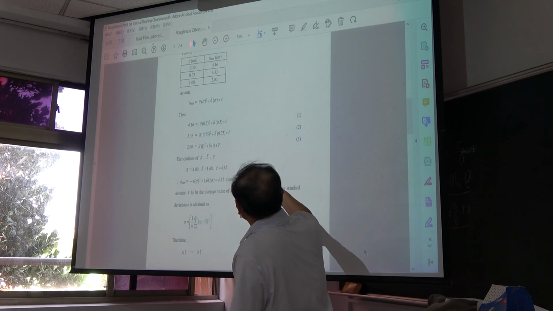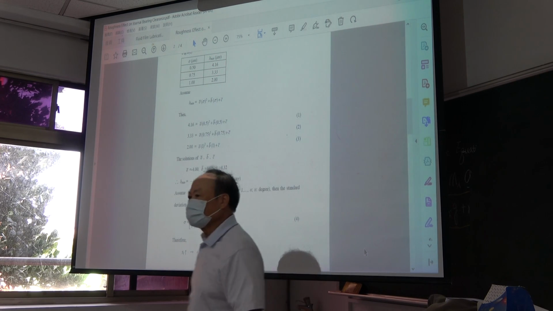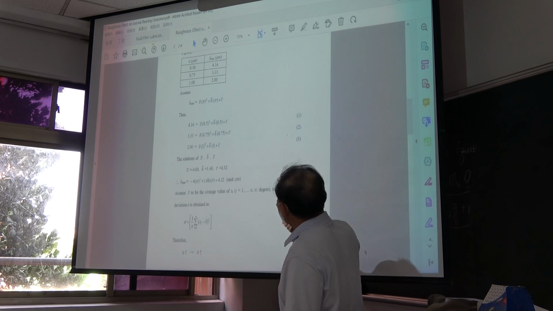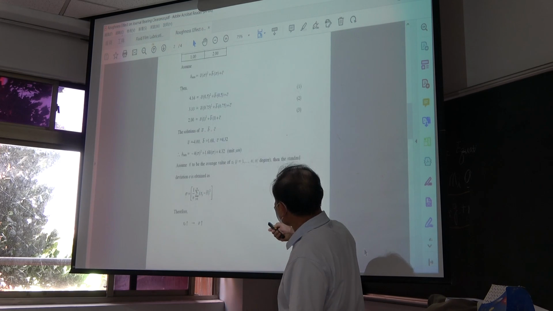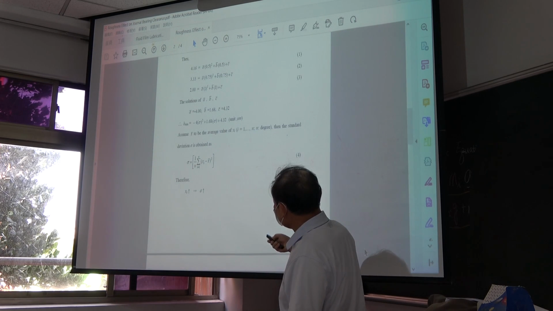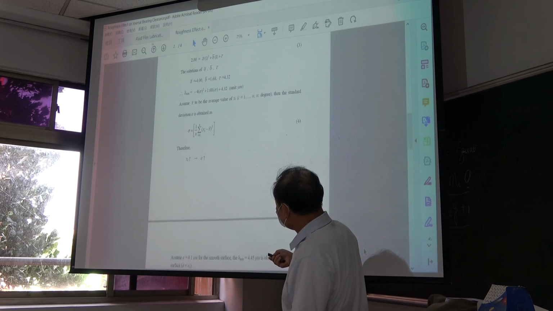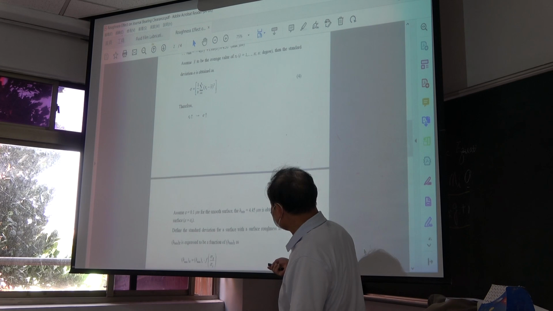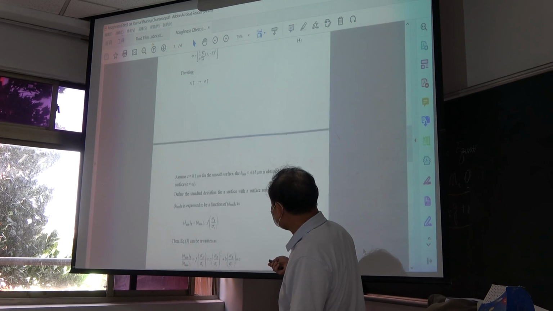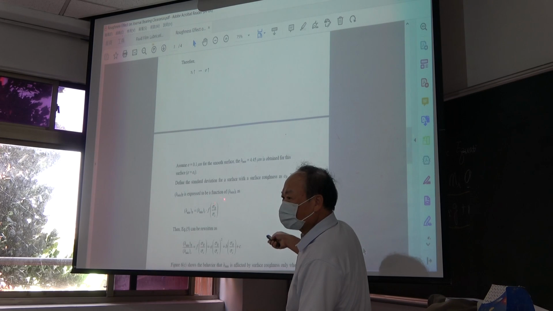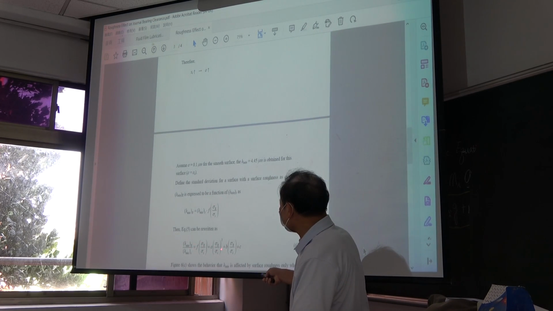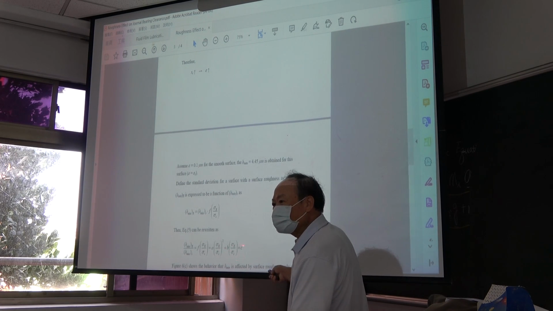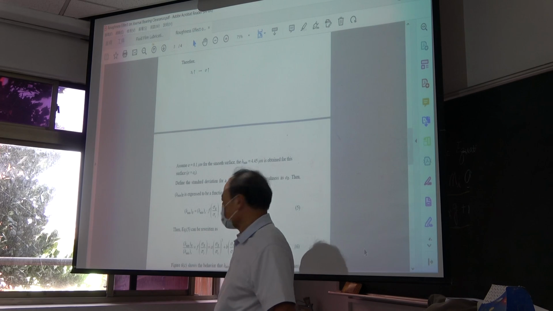So we have 3 sets of minimum fin thickness. We use this data to determine the F. So we assume that F is a polynomial with the largest order being 2, like this.